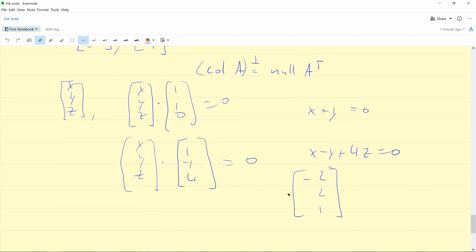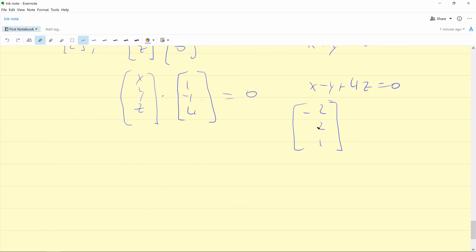If you tried that, did anyone do Gram-Schmidt and get something in the span of this or some other vector? Okay, that's fine. Then this is orthogonal to (1, 1, 0) and (1, -1, 4), which means it's also orthogonal to the unit vectors of these.